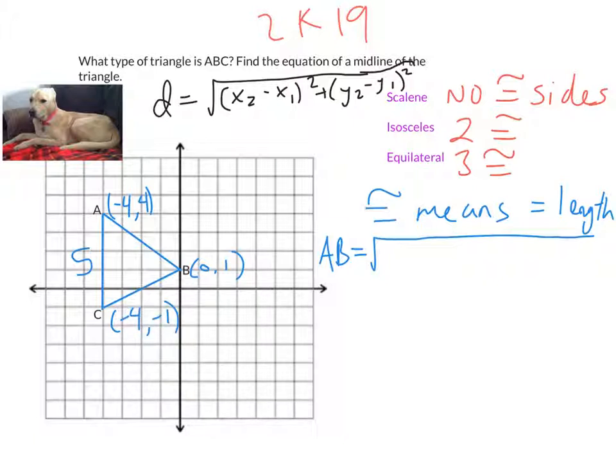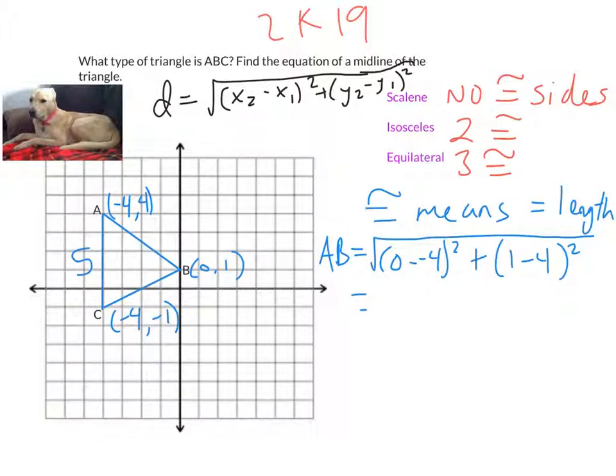Okay. So for AB, that would be my x2 minus x1. So 0 minus -4 squared plus, and then my y's, 1 minus 4 squared.